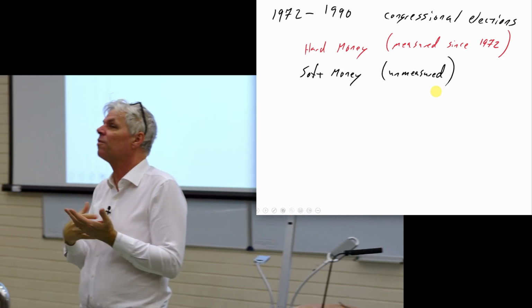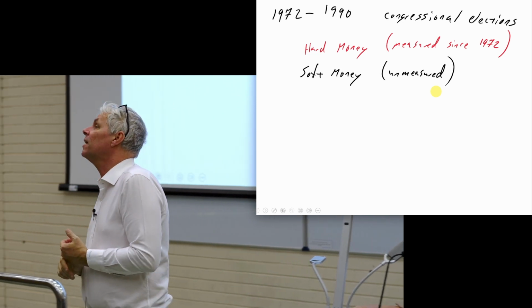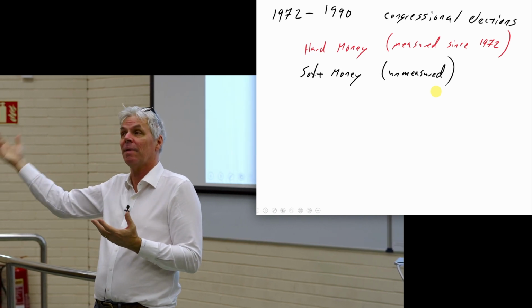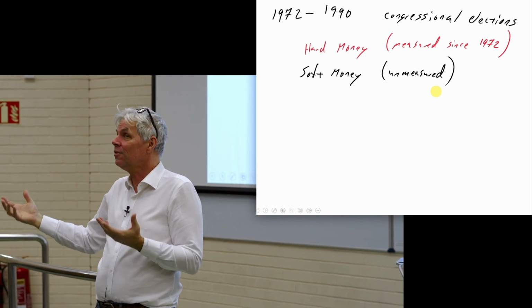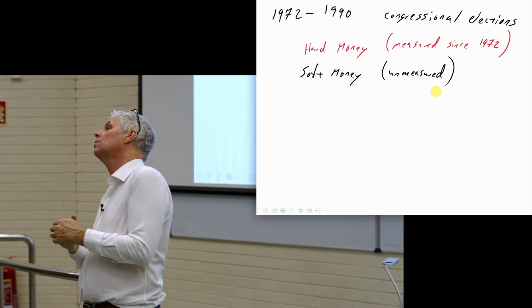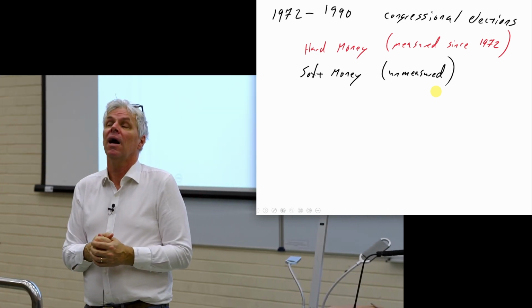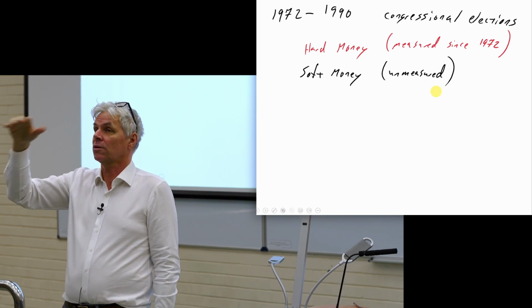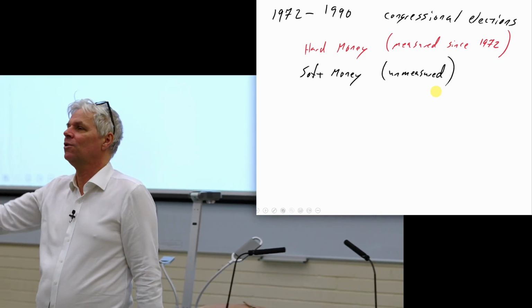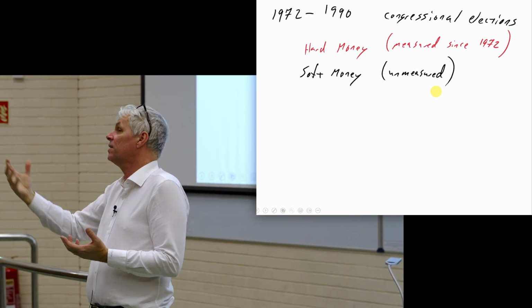So this is soft money. It's sort of a way around the campaign finance legislation. And it's illegal for the politician to have control over that, so it's kind of illegal to be telling Joe what to spend the money on, but they do their best, right? Now, it's also possible to give soft money, and a lot of soft money does go to saying, well, I don't care about any of these politicians, but I want some issue addressed, and I'll give money to an organization that's committed to that issue.